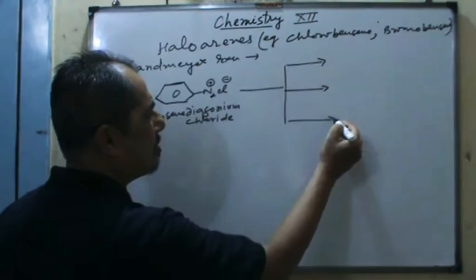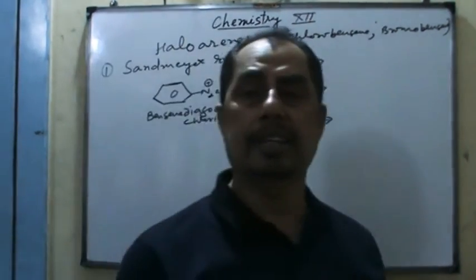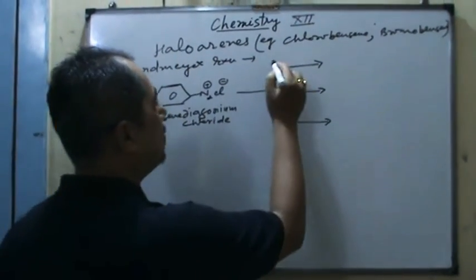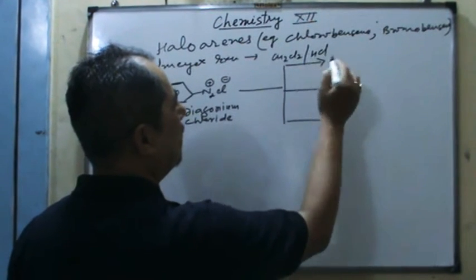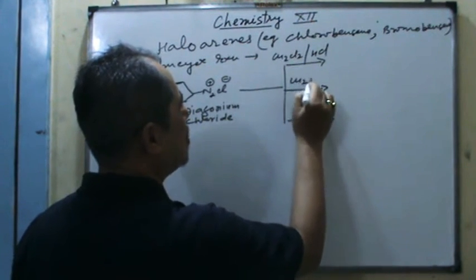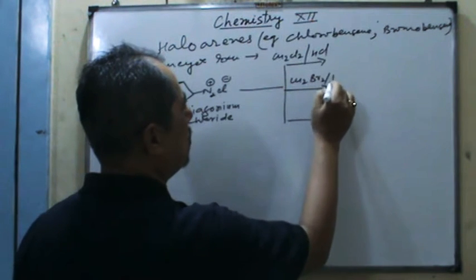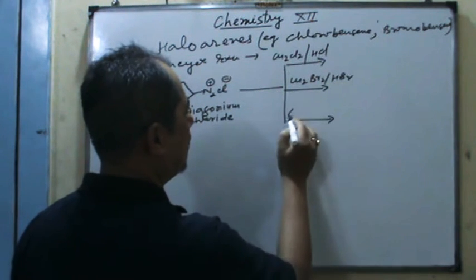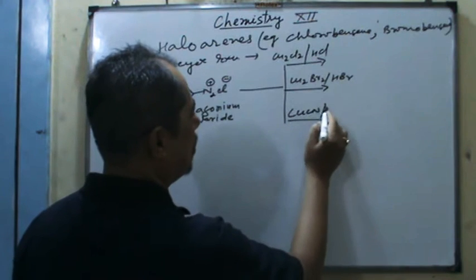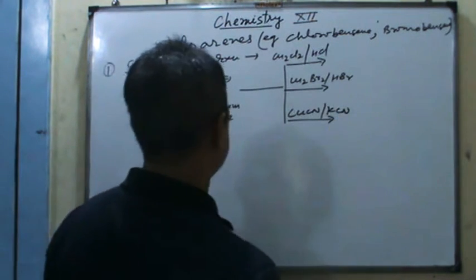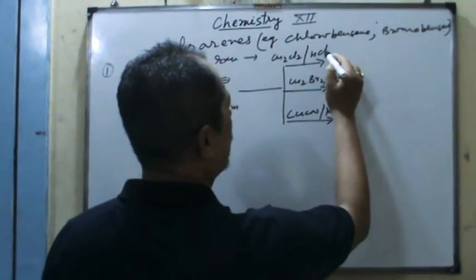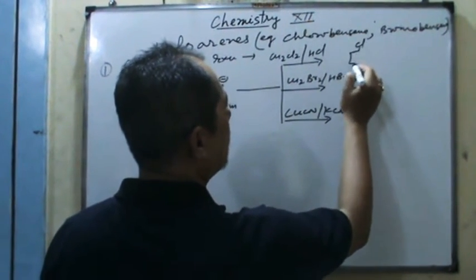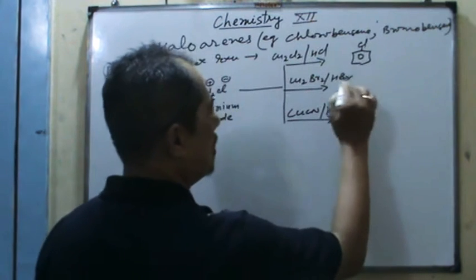By taking three different reagents like copper chloride, Cu2Cl2 with HCl, Cu2Br2 with HBr, copper cyanide with KCl. In all cases, nitrogen gas is liberated, and once you take HCl, the main compound is chlorobenzene.